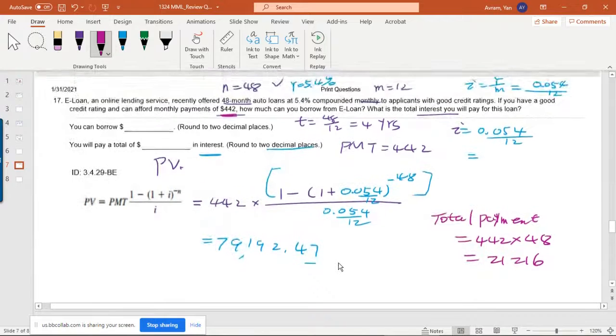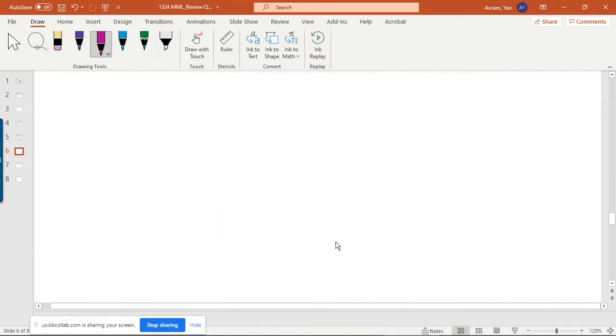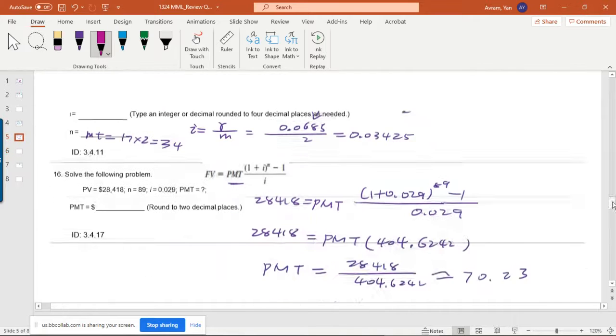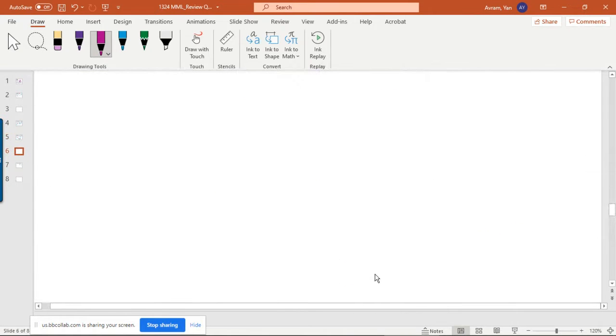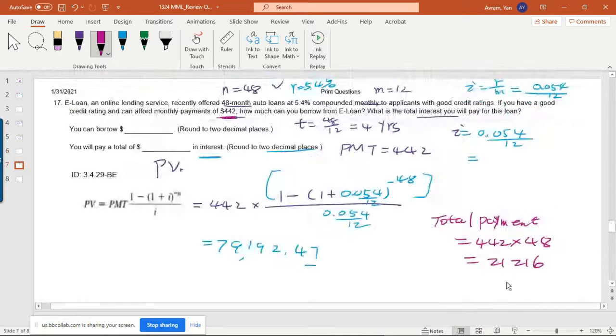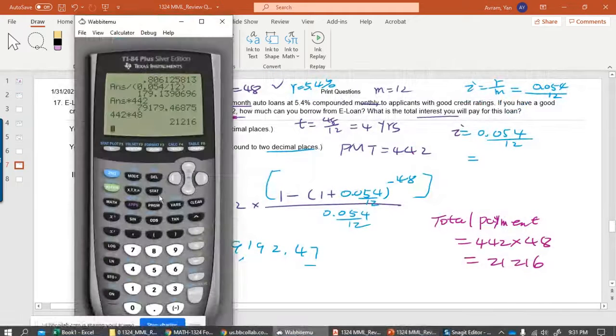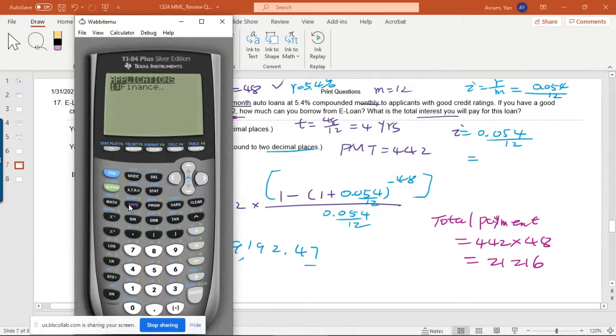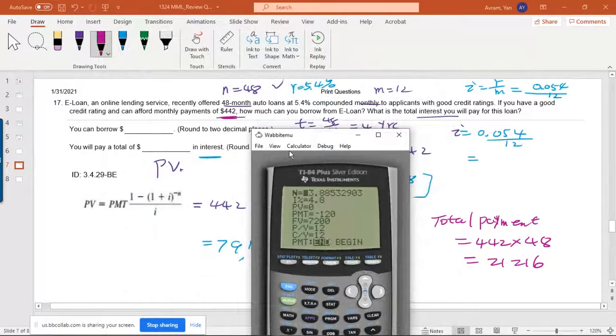Okay. But another way to do this one right here, I'm showing you the calculator, to do a similar question is using the app. All right, so let's go ahead and use the app to see what happened in here. If you use the app, go to app, finance, using the TVM solver, right? So we can enter this whole thing.